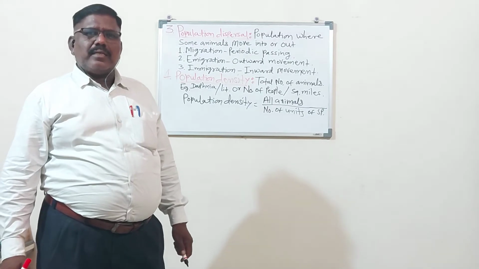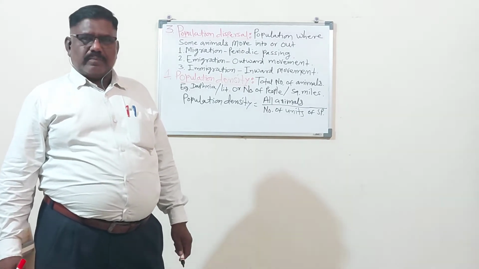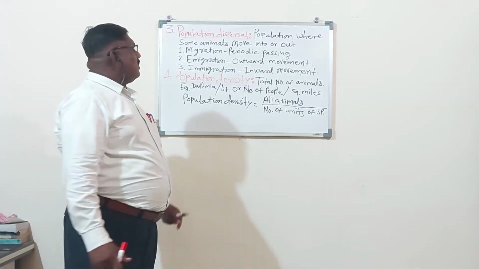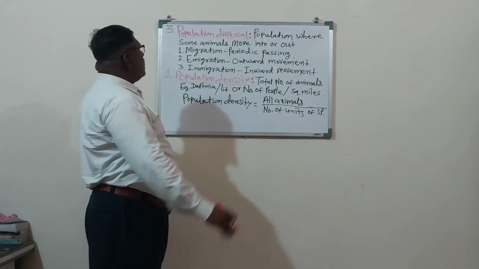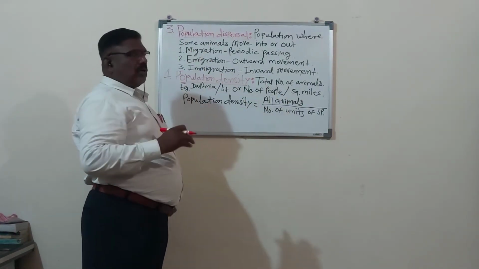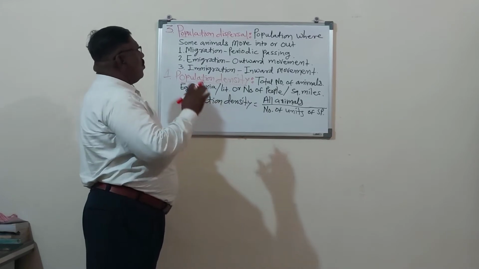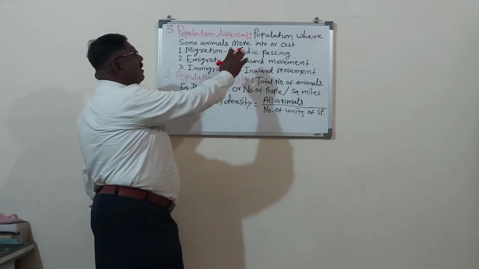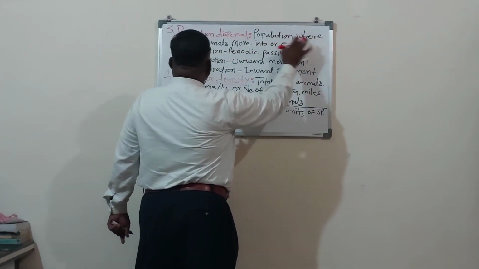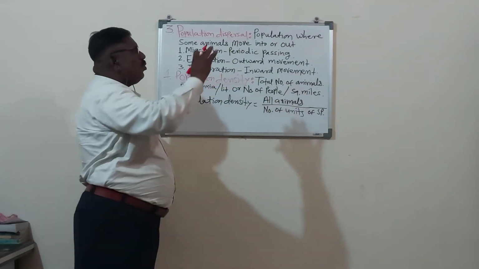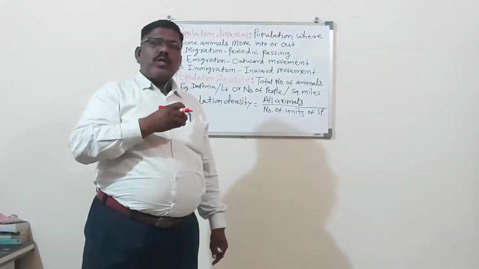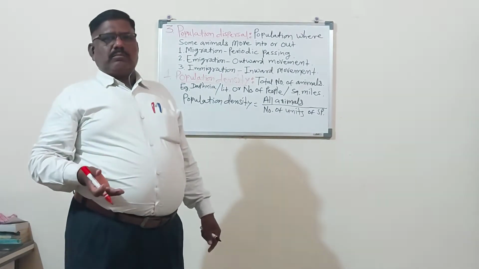a character of population. So in this character, the animals are dispersing. So here we can say that in a population, some animals move into the population or out of the population.